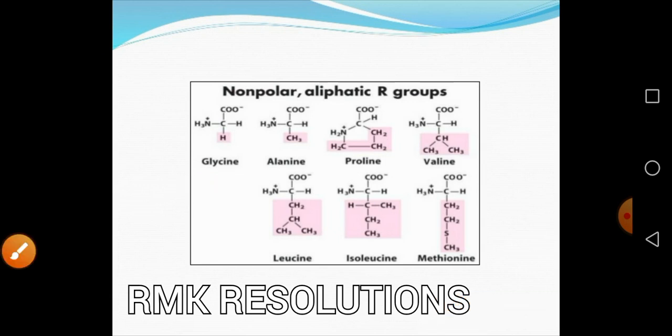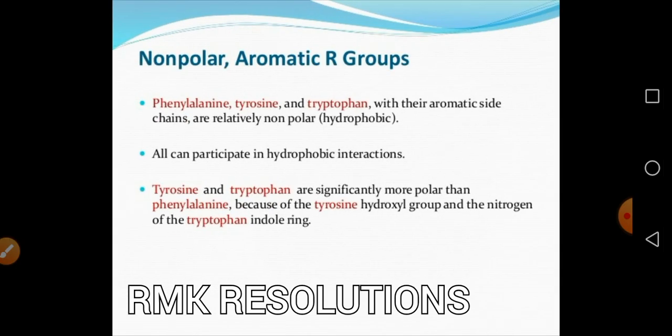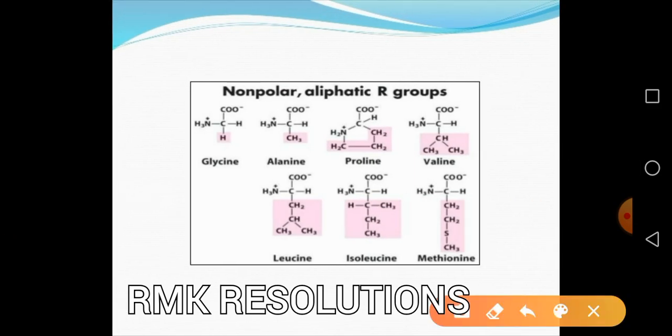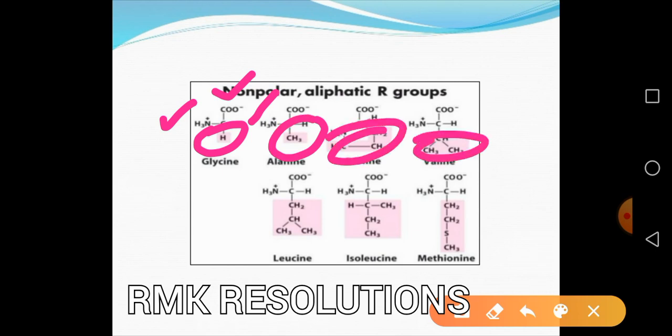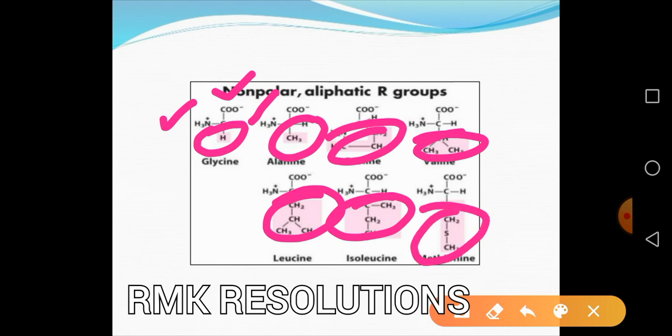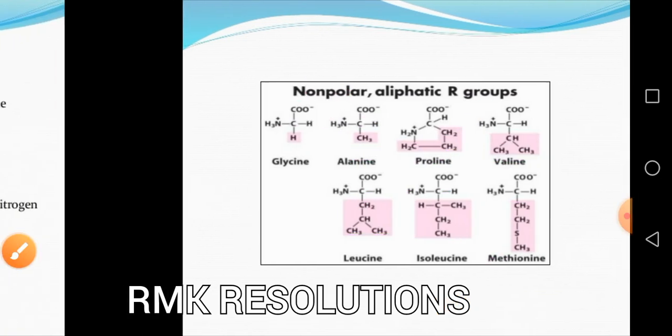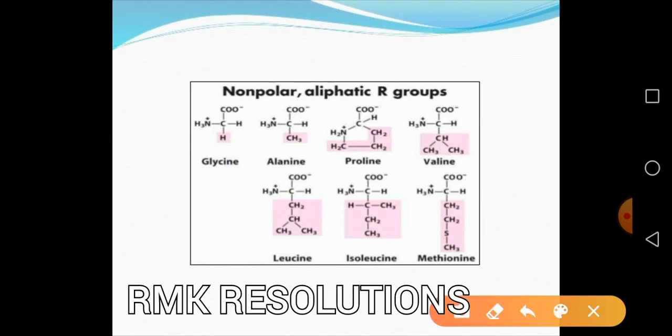Remember, all amino acids share the central carbon, the carboxyl group, amino group, and hydrogen. The only difference is in the R group. This is the difference between amino acids, and the typical structure is the same for all amino acids.